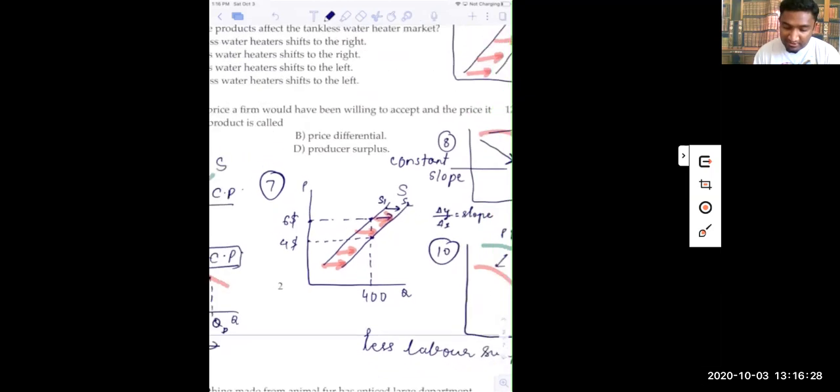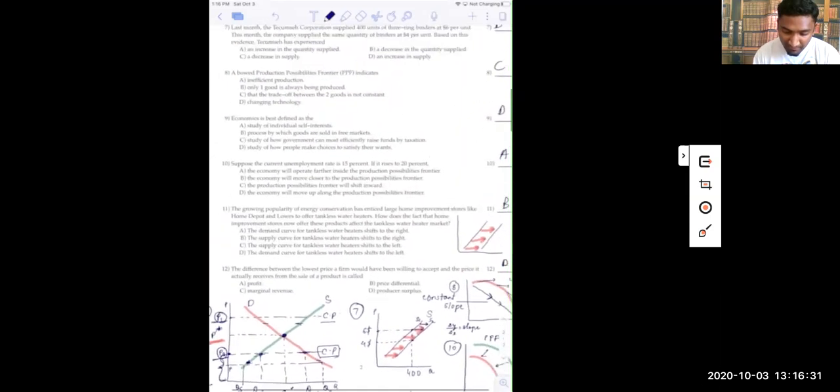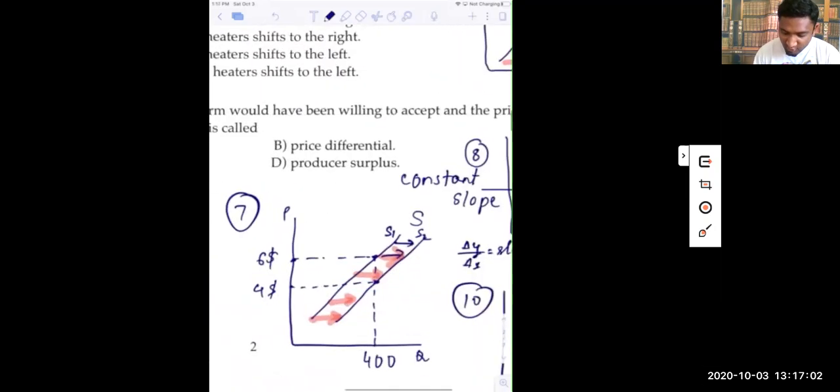The supply curve is shifting towards the right-hand side. So the answer here is an increase in supply, since your supply curve is shifting towards the right.